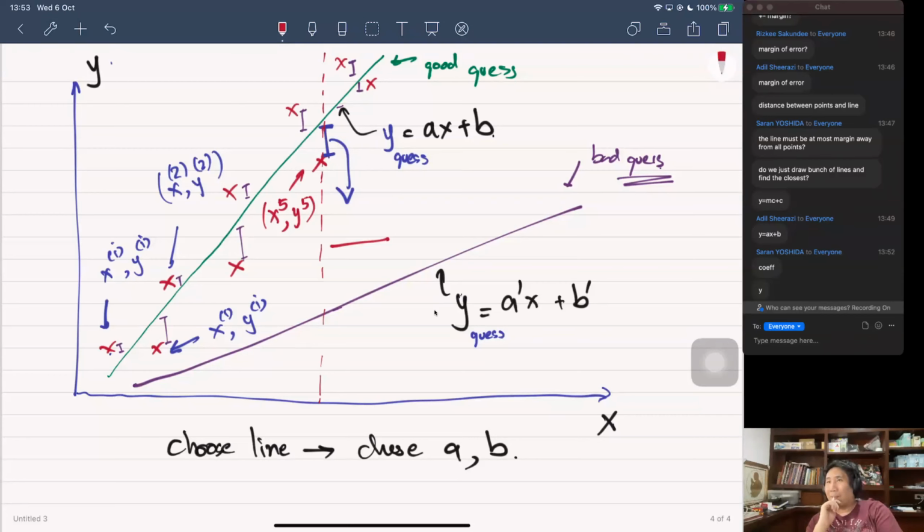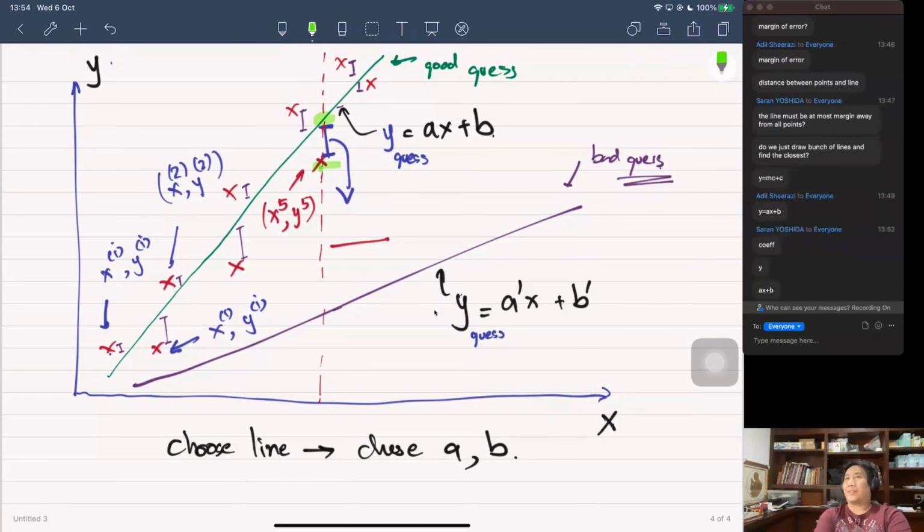Salan suggests y, but it's something else, very close to y but not y. How do I know how far off this point is from that point? Ax plus b. Combine the two answers. You're so close. How would you compute it physically?